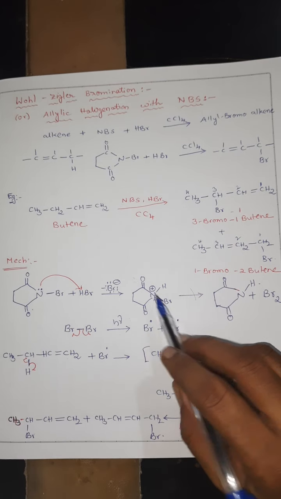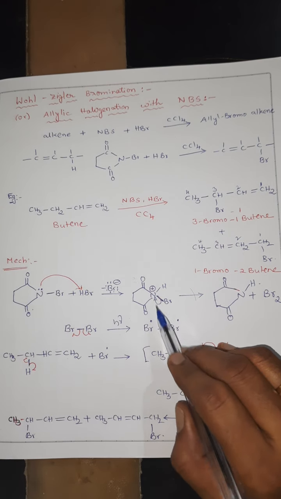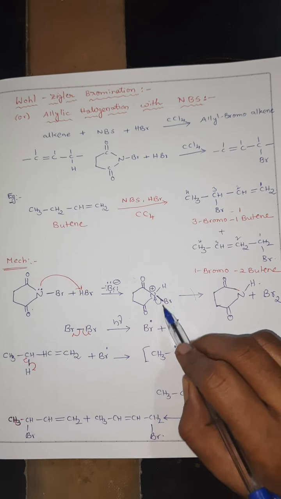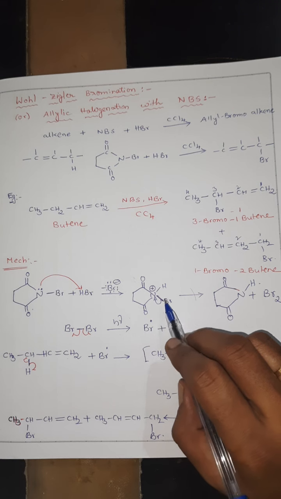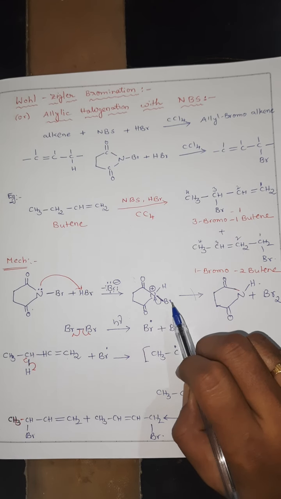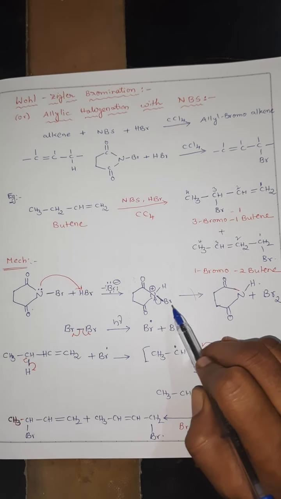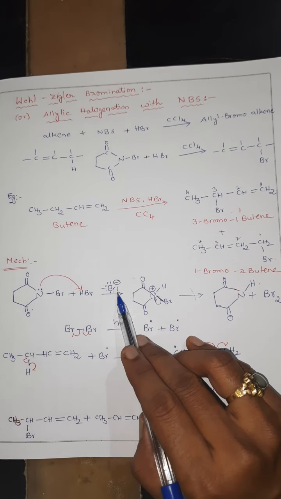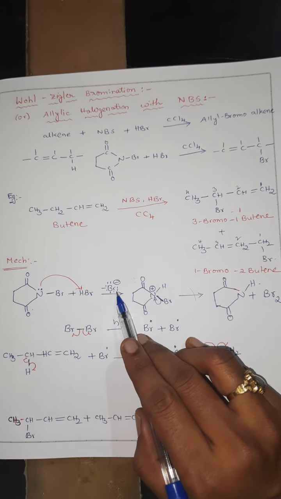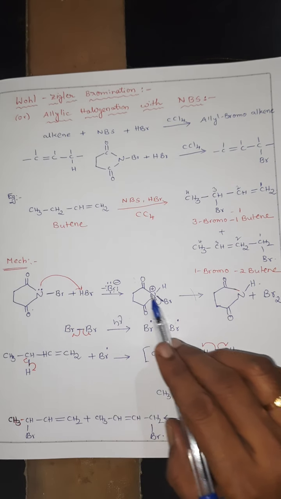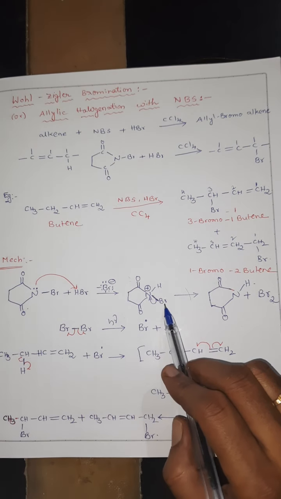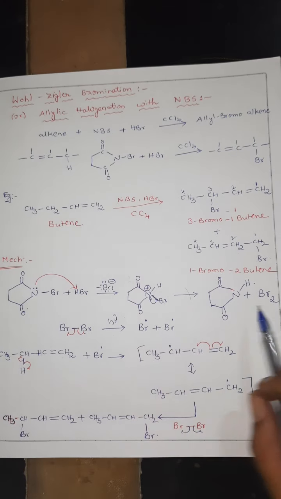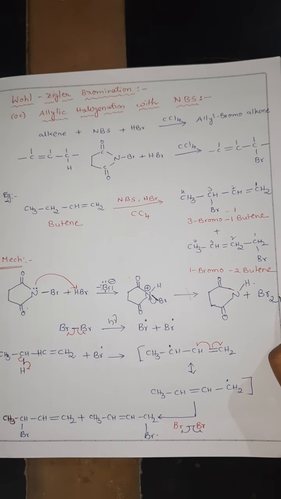As a result, nitrogen becomes neutral, but the bromine atom comes out in the form of Br plus, that means an electron deficient center. This is electron deficient bromine, and already we have Br minus, that means electron rich bromine. So these two ionic species combine to form molecular bromine.